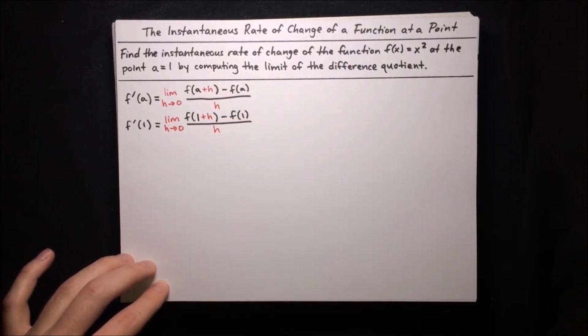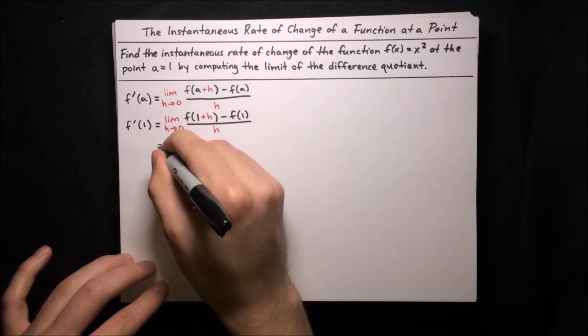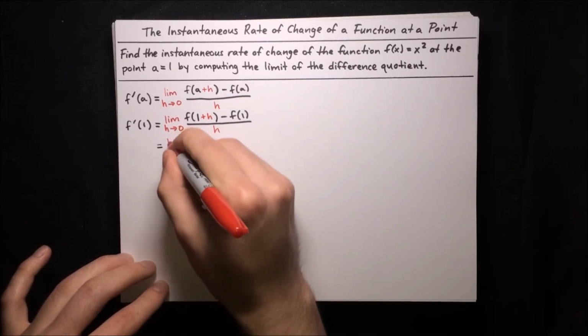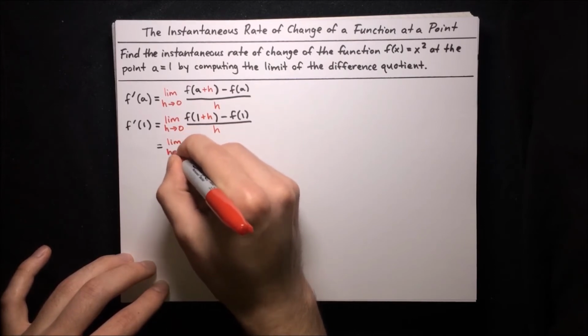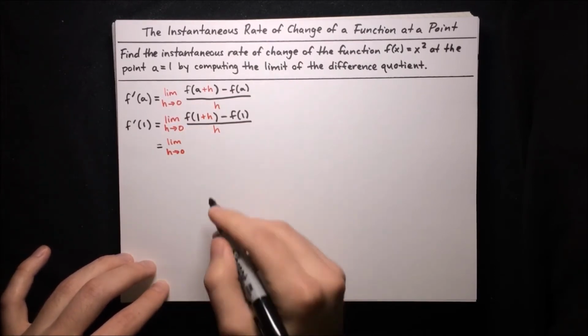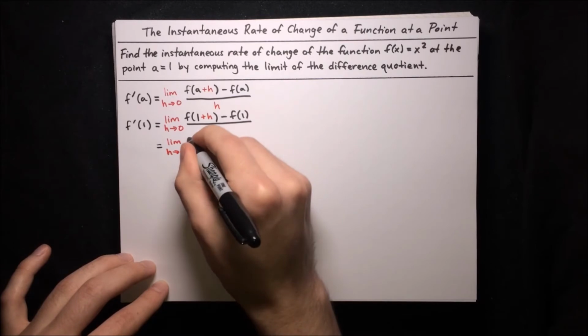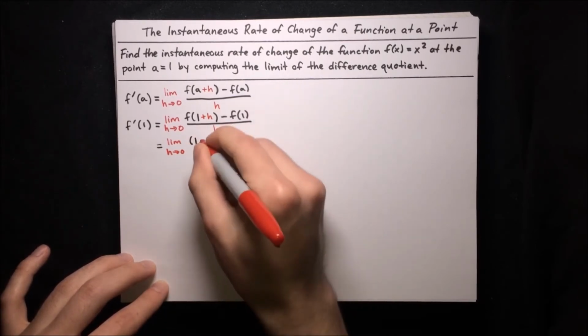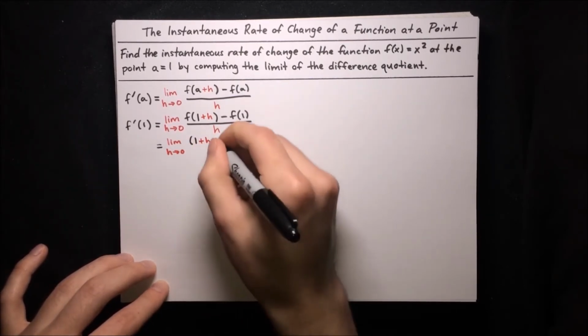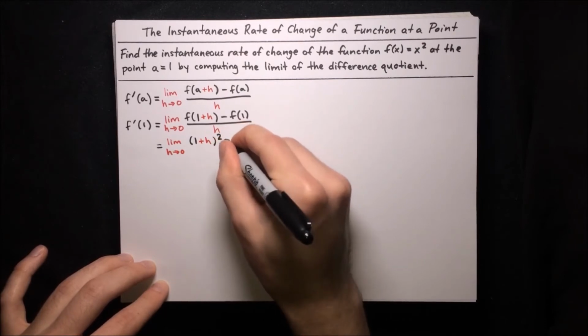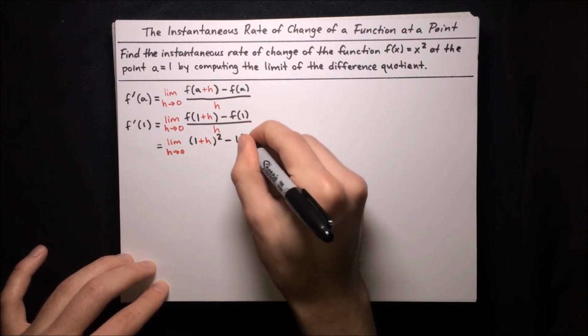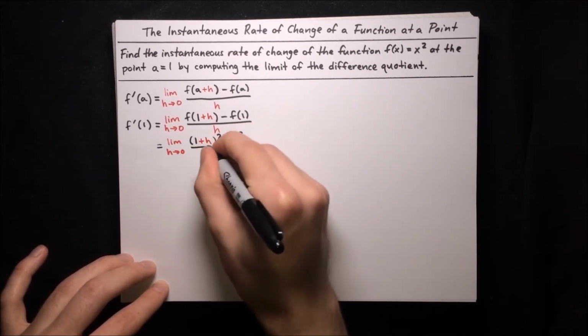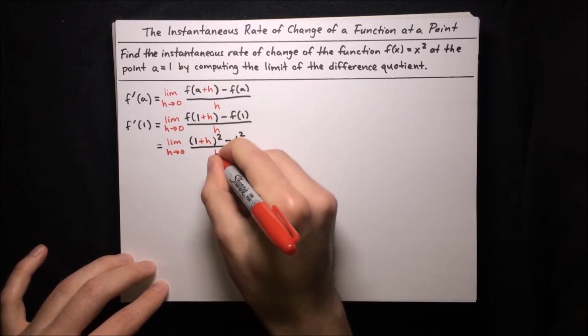And now it's just a matter of computing this limit. So let's go ahead and use the function definition. f of x is just x squared, so this is the limit as h approaches 0 of, in the numerator, f of 1 plus h, which is 1 plus h, the quantity squared, then minus f of 1, which is 1 squared. And that's all over h.